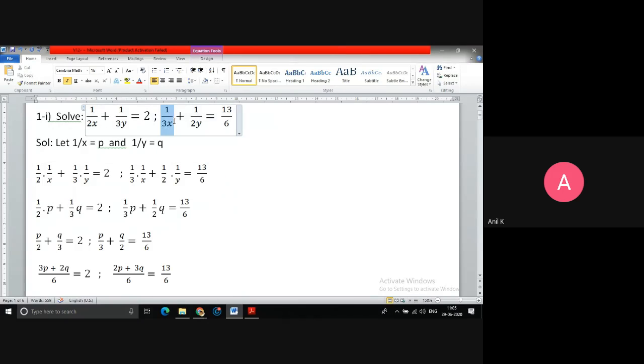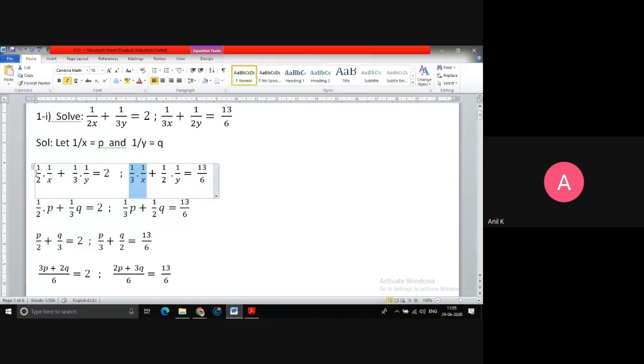Then the next equation is 1 by 3x plus 1 by 2y. So I will write this as 1 by 3 into 1 by x, that is 1 by 3x, plus 1 by 2y, which I can write as 1 by 2 into 1 by y, equals to 13 upon 6. I am just rewriting the same equation in a different way.